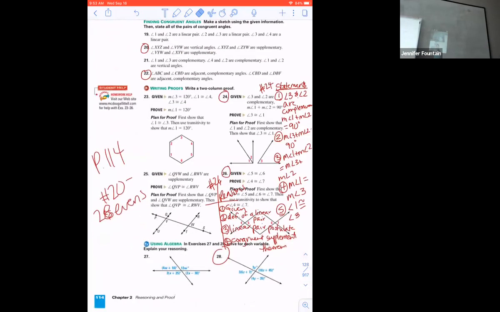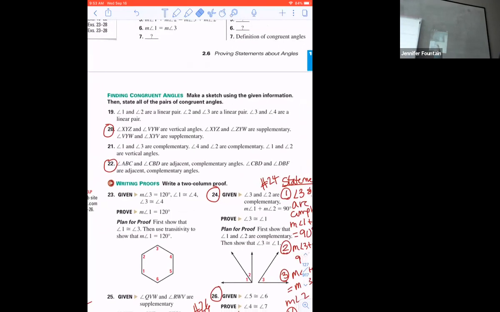Page 114, we had 20 through 28 evens. Okay, on 20, make a sketch if you need to, given the information, then state all the pairs of congruent angles. So 20, I have XYZ and VYW are vertical angles, and XYZ and ZYW are supplementary. VYW and XYV are supplementary.